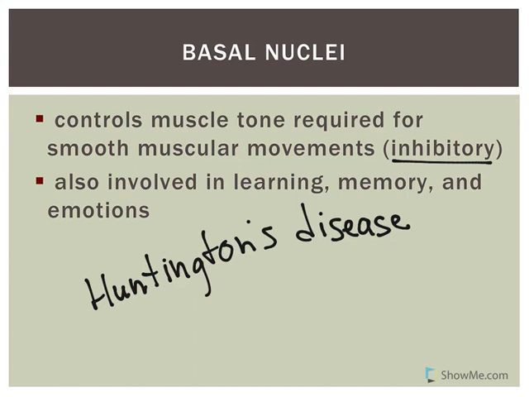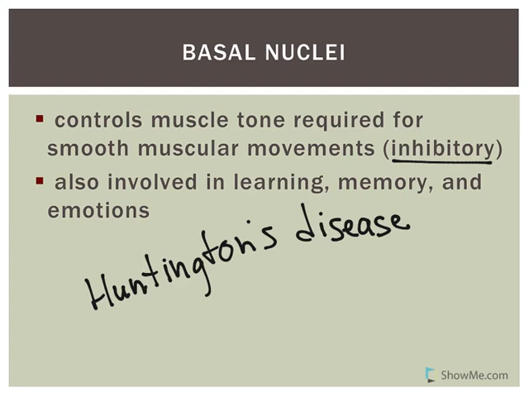Early on, there are changes in the caudate nucleus and the putamen, and you'll see all these involuntary muscle movements from these individuals. It's really hard to watch. I won't even post a recording for it because it's really difficult to watch people with Huntington's disease.